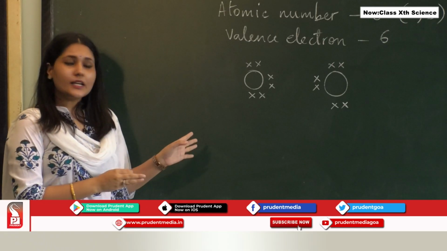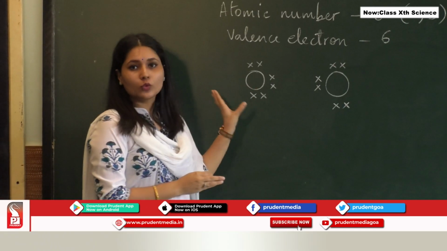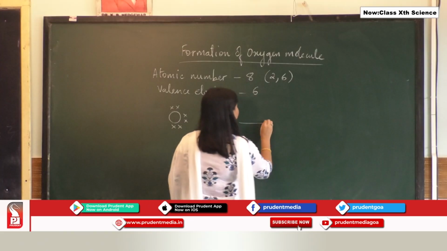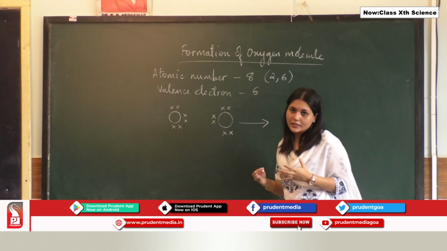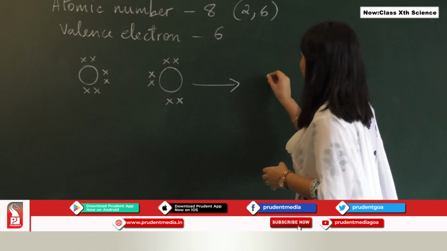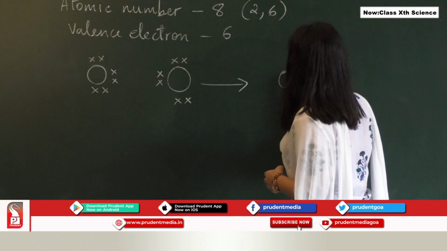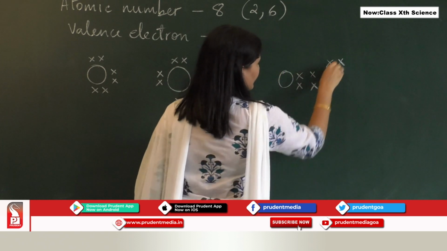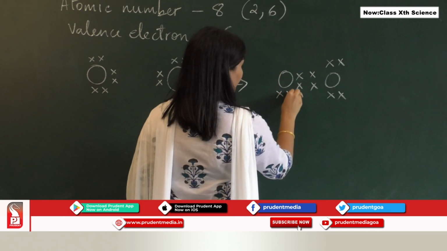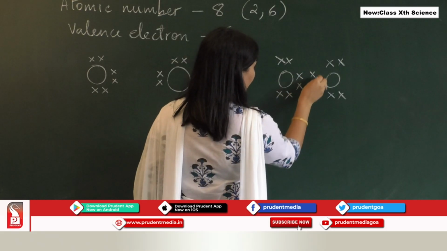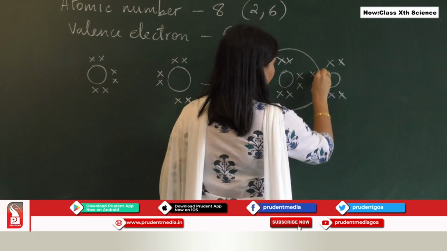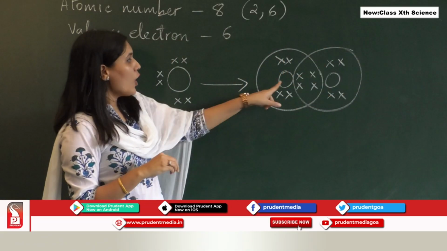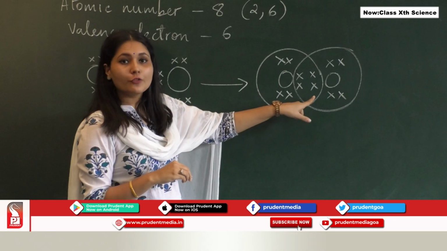But you see that for the octet rule to apply, we require 8 electrons. So what will happen? These oxygen atoms are going to combine by sharing the electrons. So when they share the electrons, what are we going to get? You can see over here, oxygen has shared 2 pairs of electrons.